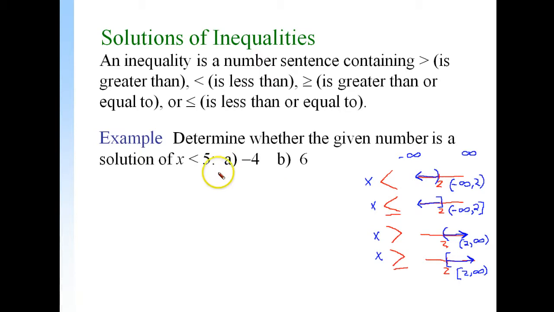Okay, let's do this one. Determine whether a given number is a solution for x, and we can just take the negative 4. Negative 4 is less than 5. Is that true? Yes. Now how about 6 for over here? 6 is less than 5.